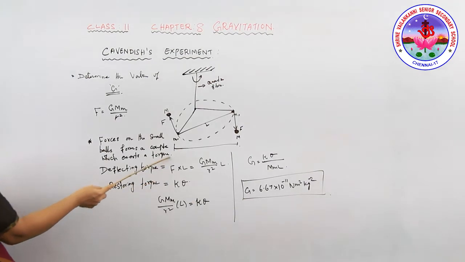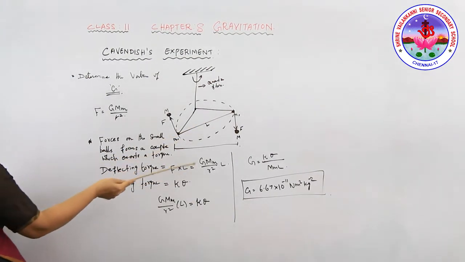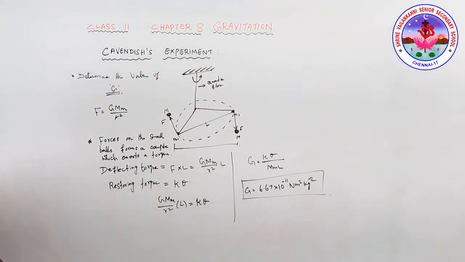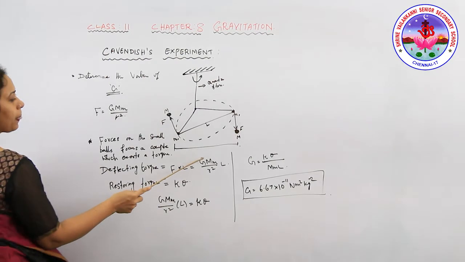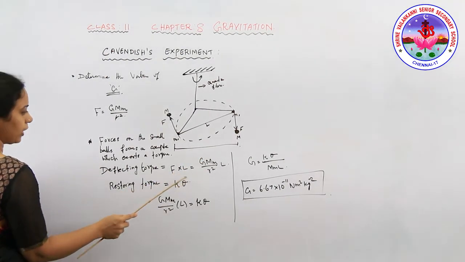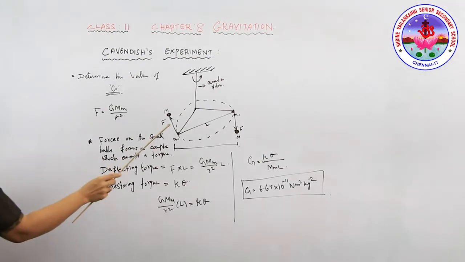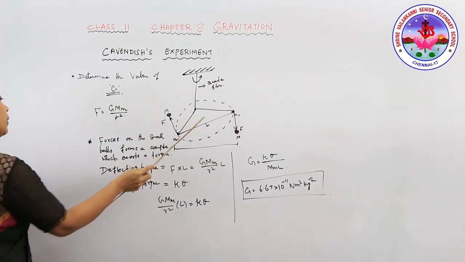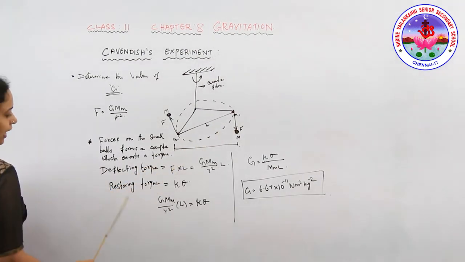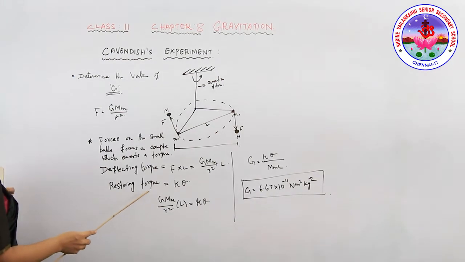Here F is the force and L is the perpendicular distance, that is, the length we have taken. So F, as we know, is G M m by R square, into L. Whenever a deflecting force acts on it, it gives an equal and opposite force, which we call the restoring force or restoring torque.